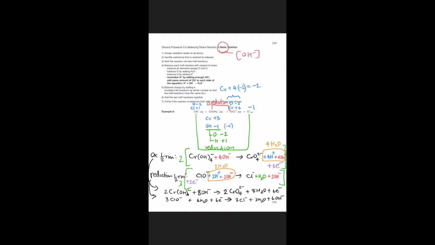Okay, now let's take a look at what is in common. Which species appear on both sides of the equation before we can combine? In order to combine these two, the species that we are going to get rid of would be the 6 electrons. The 6 electrons transfer from the oxidation half reaction to the reduction half reaction, so we can cancel this. The next thing you can look at is, hey, we have 8 water on the product side and 6 water on the reactant side.